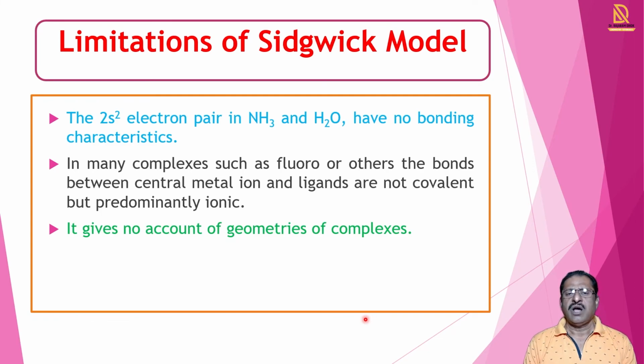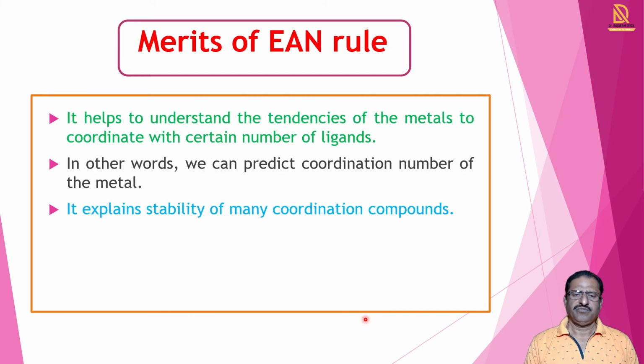In that case, how does the ligand donate electrons to the metal? So there are some objections. It also gives no account of the geometry of any complex. It means that the Sidgwick model only explains the total number of electrons present, but does not explain the geometrical shape of the complex. And so this theory has many limitations. It is simple, but it has limitations.